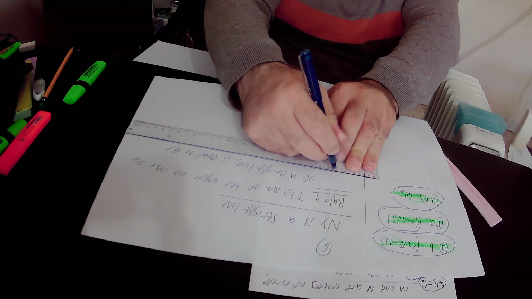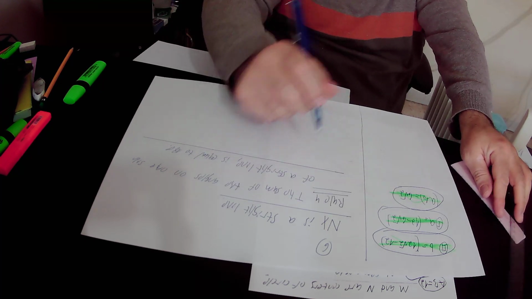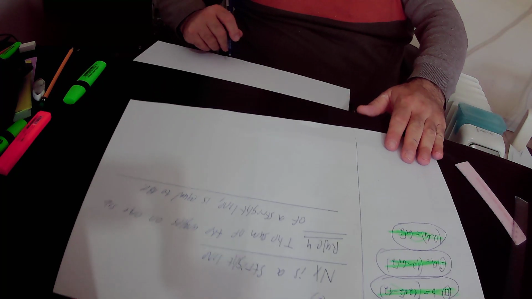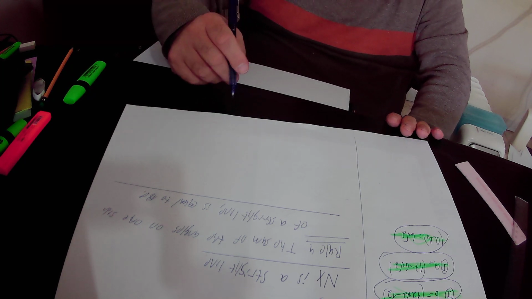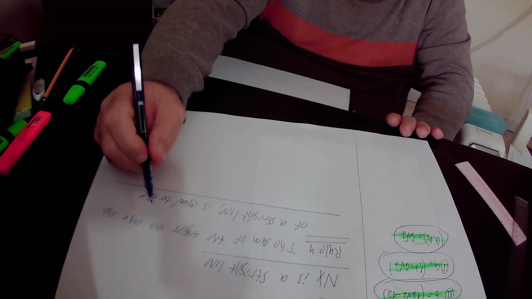I will repeat again rule number 4: the sum of the angles on one side of a straight line is equal to 180 degrees.